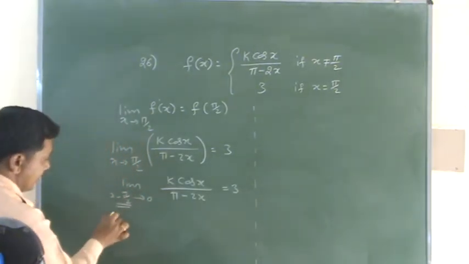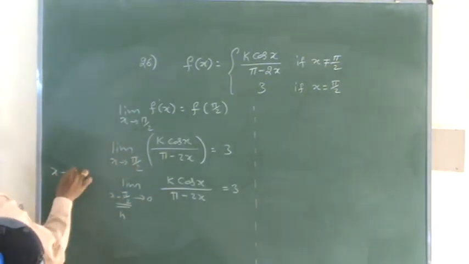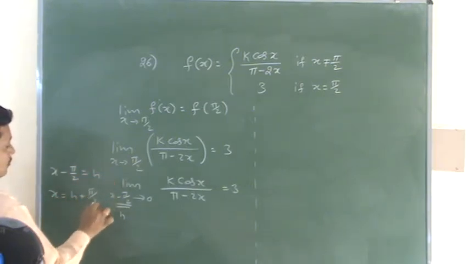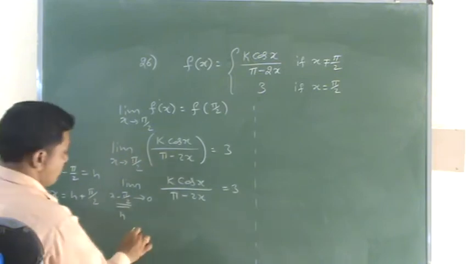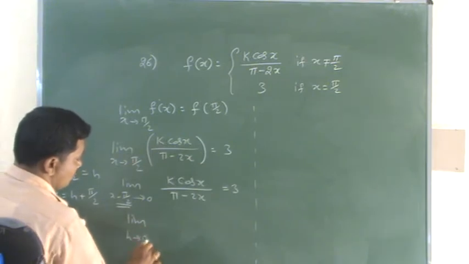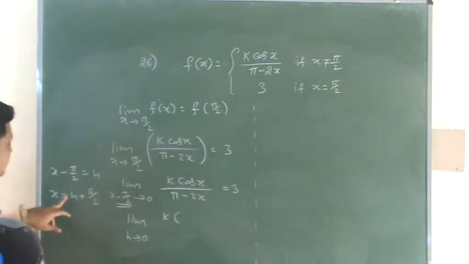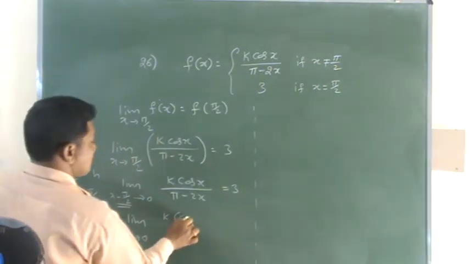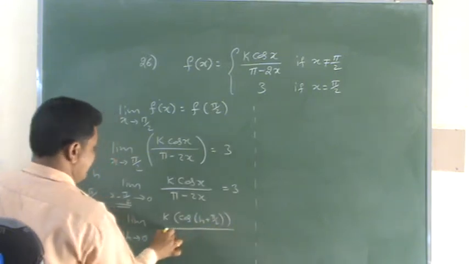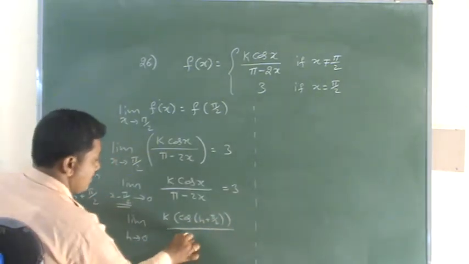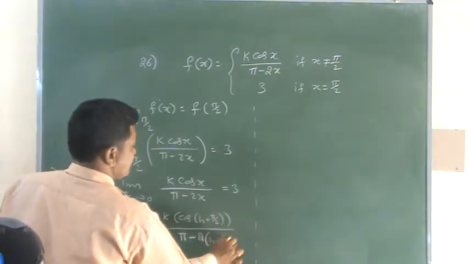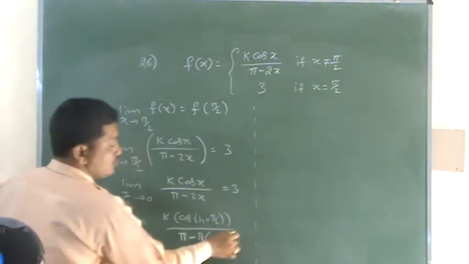I will treat this as h. What is x? x minus pi by 2 is equal to h, so x is equal to h plus pi by 2. Therefore, limit h tends to 0, k into cos of h plus pi by 2, by pi minus 2 times h plus pi by 2, is equal to 3.